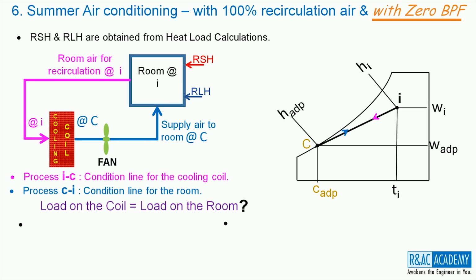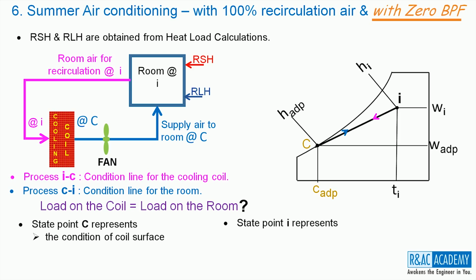Now, let us look at what the state point C and state point I represent. The state point C represents the condition of the coil surface, the condition of air at coil exit, and the condition of the air supplied into the room.